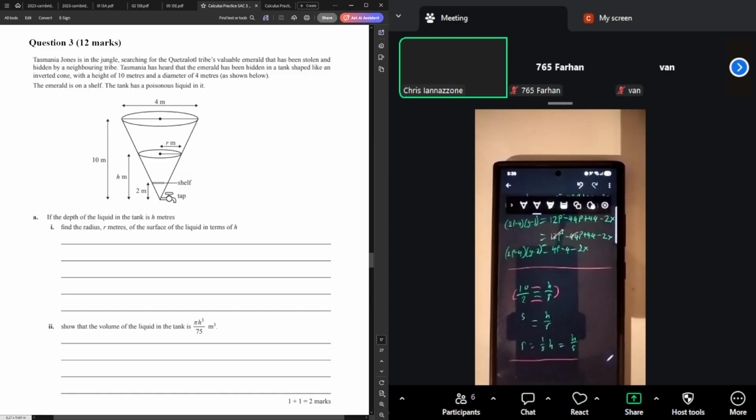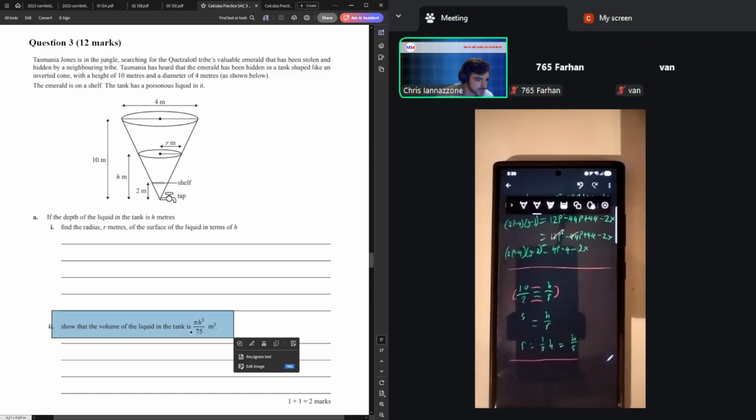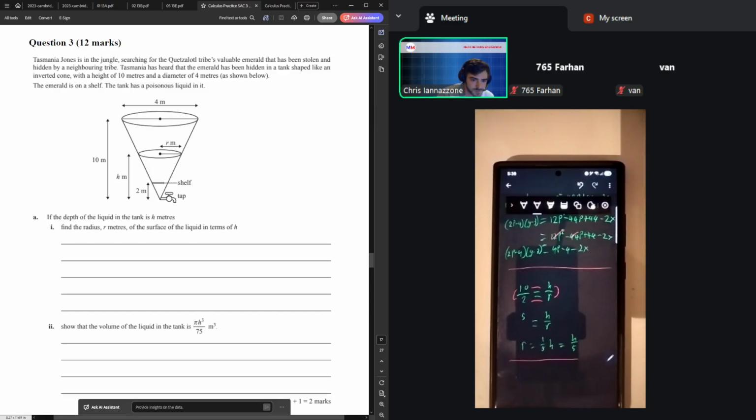If not, feel free to move on to part II. Proving the volume of the tank is given by that. If you guys need a formula sheet, let me grab a screen grab of that, because you will need to have the generic version of the volume of a cylinder.